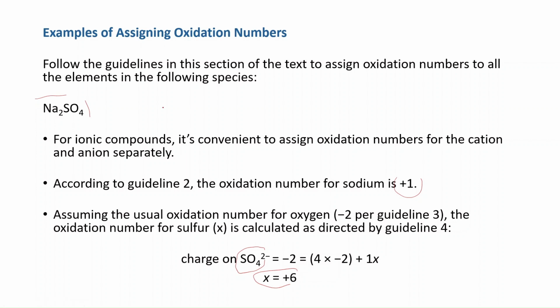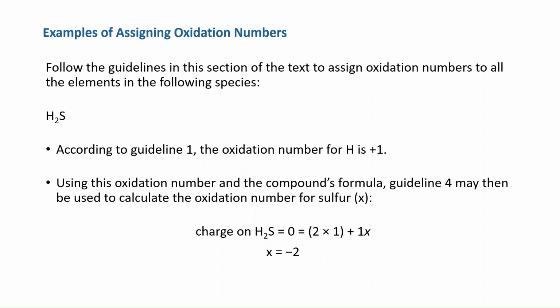And you say sodium is plus 1, so I have plus 1 times 2, plus x, that I don't know how much it is, plus minus 2 times 4, because there are 4 oxygens, equals 0, because it's the molecule. Either way, you come up with the oxidation number of sulfur is plus 6. Whichever makes more sense to you, either one will work.